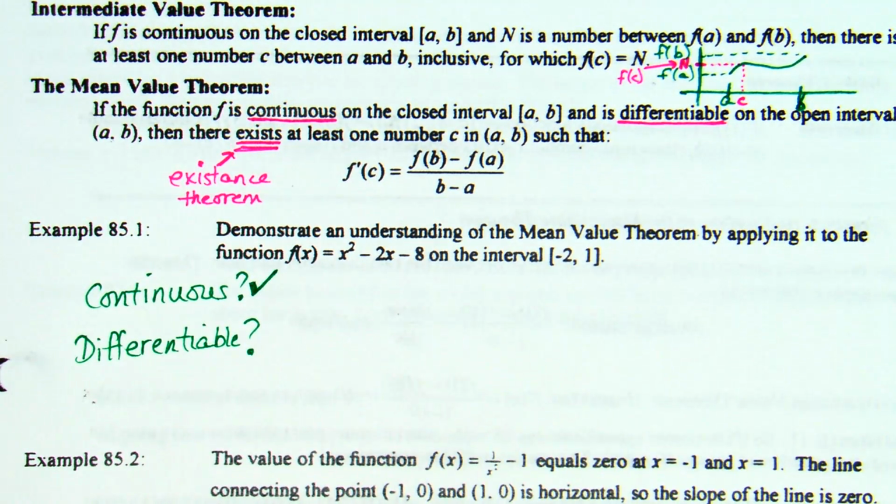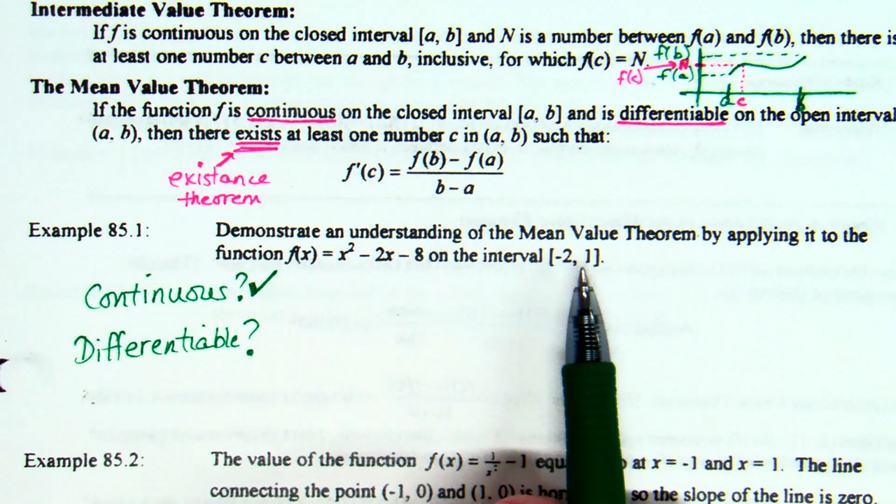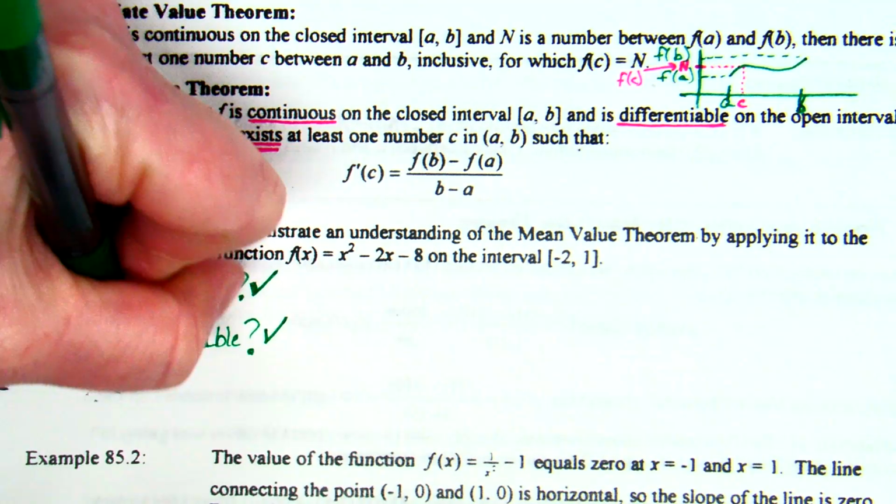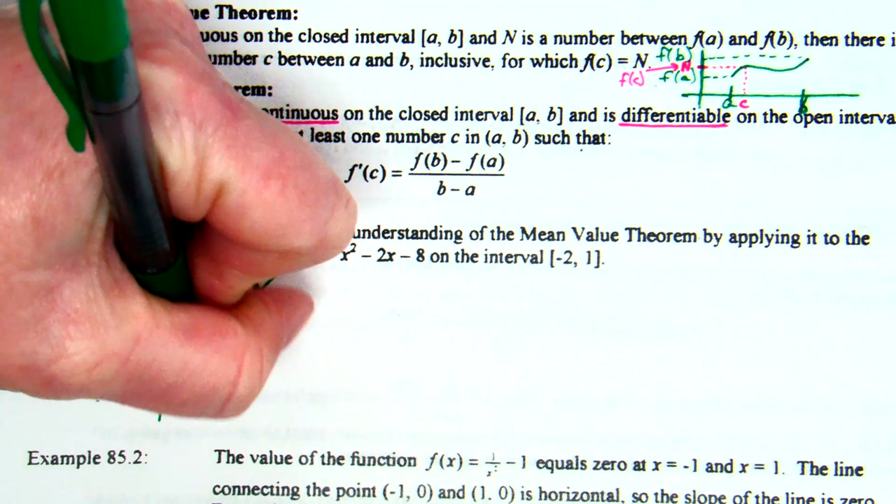It's a curve. Are there any hard or sharp points? No. I know it's some basic part of a parabola that would be okay. So is it differentiable? It is. I'm going to even write under here, no sharp points, because that is your easiest indicator.